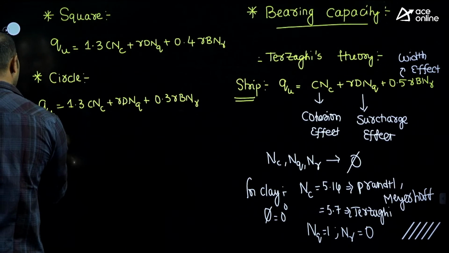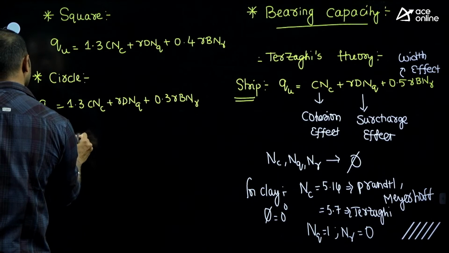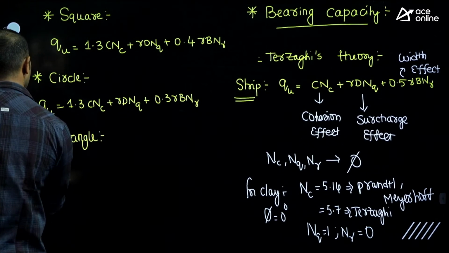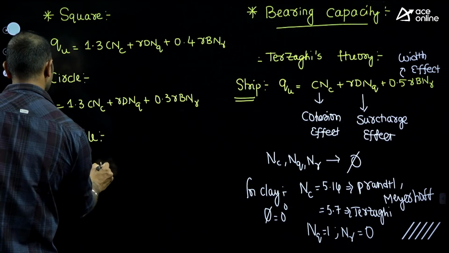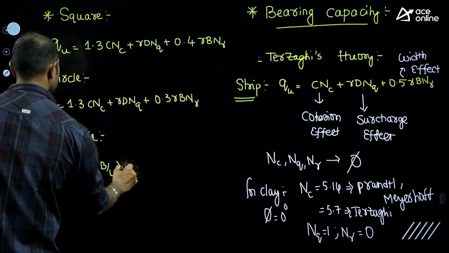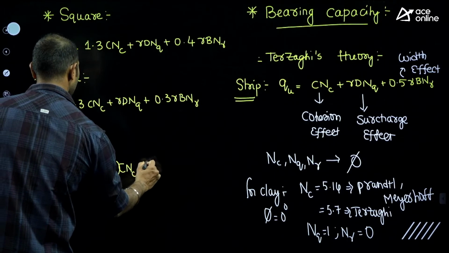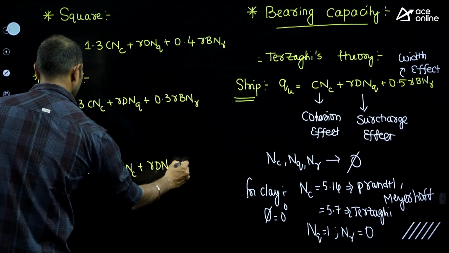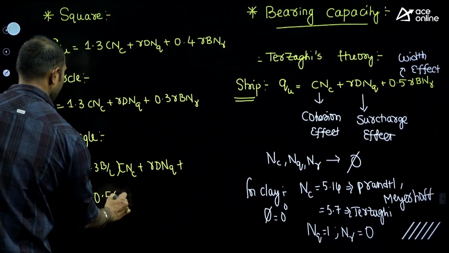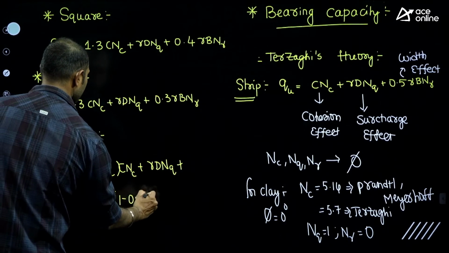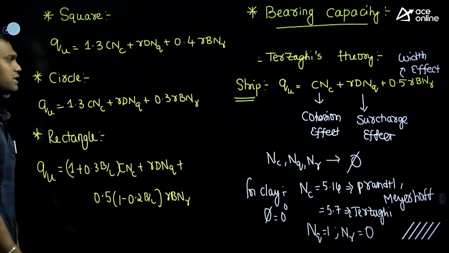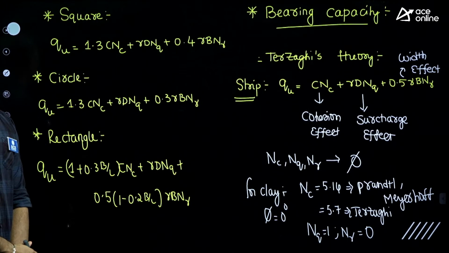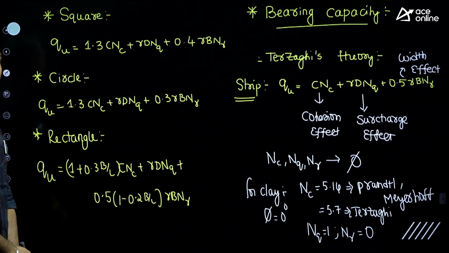And in the case of the rectangle, the Qu value is (1 plus 0.3 B by L) cNc plus gamma D Nq plus 0.5 (1 minus 0.2 B by L) gamma B N gamma. So these are the various equations that have been given for different types of footings as per Terzaghi's theory.